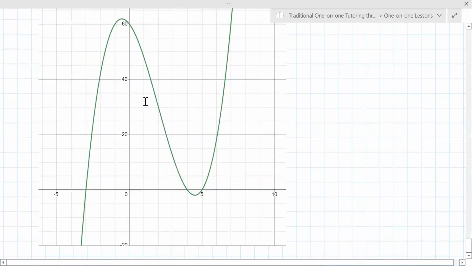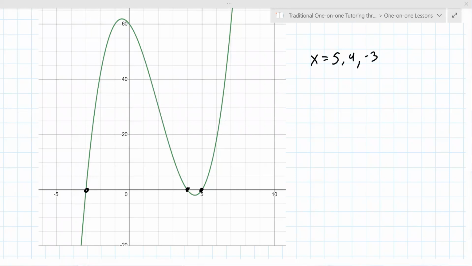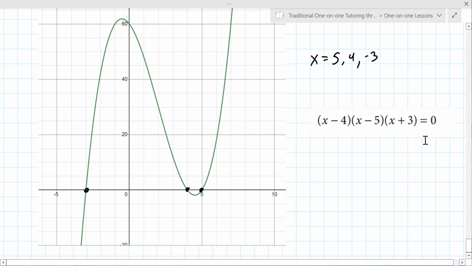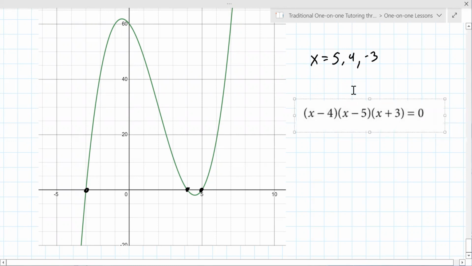All right, so looking at this graph here, where does it cross the x-axis? Can you tell me that? 5, 4, and -3. Good. Now here's what I'm going to do. I'm going to snip in the question, and I want you to tell me how those numbers you just found are related to what I have snipped in here, this equation.